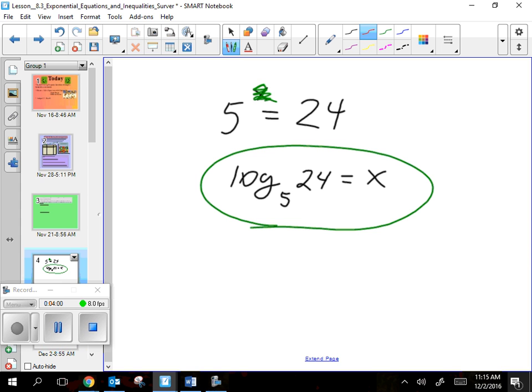Did you say log 24 over log 5? I'm aware that some of you have calculators that can do things directly, but the way I could have asked this that would have forced you to write it that way is I could have said, write this as a base 10. Do you get it goes into the calculator because it's in base 10?